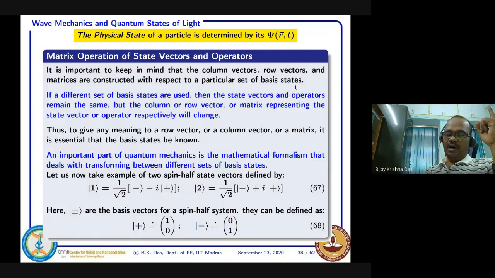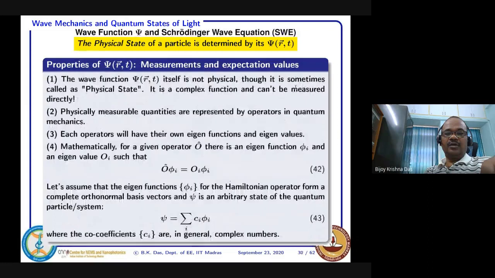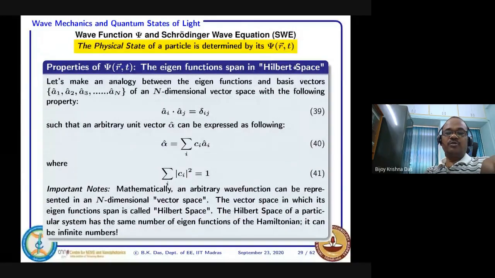These things should be according to the Hilbert space, all the n-dimensional vector spaces. So this condition should be fulfilled, equation 39.